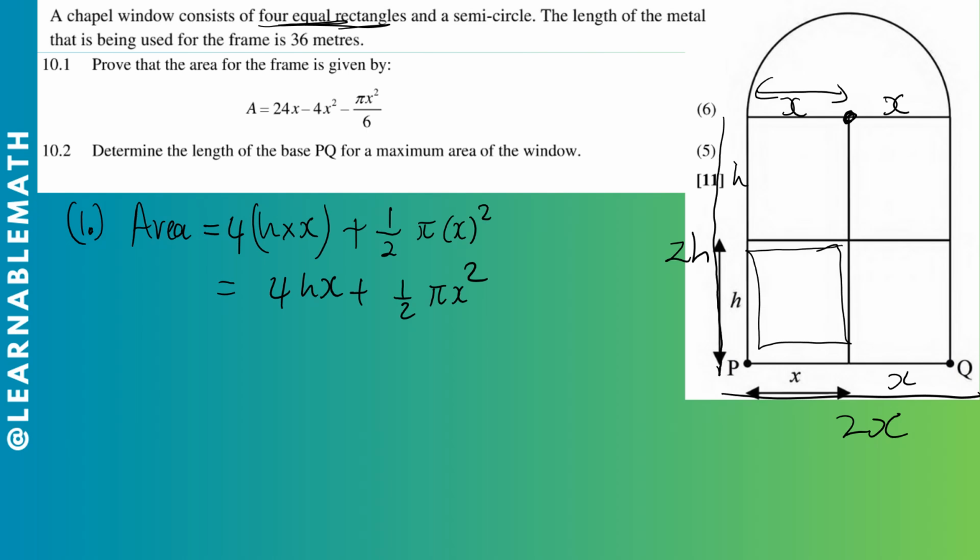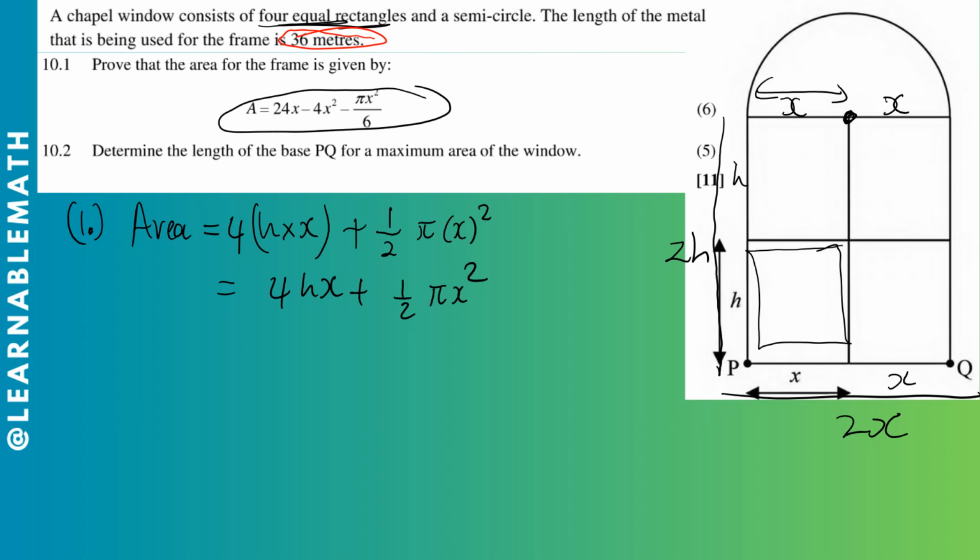All right, so now obviously what we have to express it in terms of is only x, so we have to go and express h in terms of x, right? How can we express h in terms of x? They've given us useful information here that will enable us to do that.